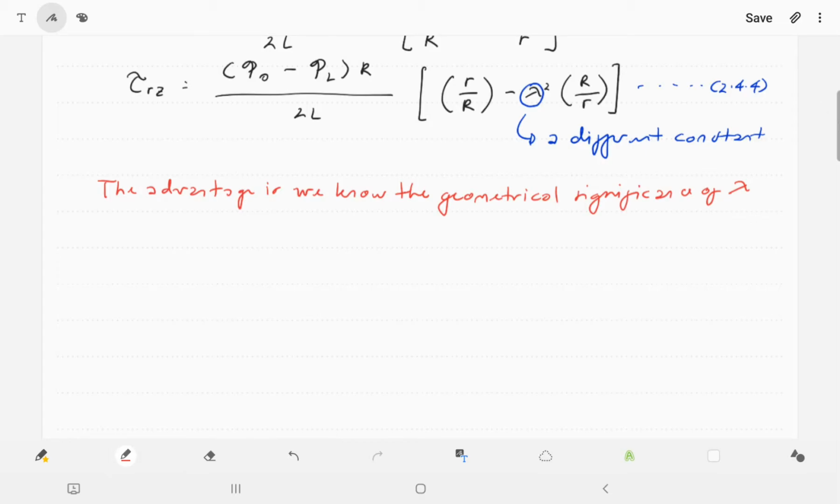Continuing again from equation 2.4.4, now we can substitute Newton's law of viscosity.